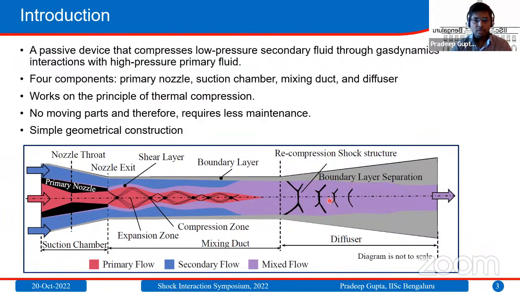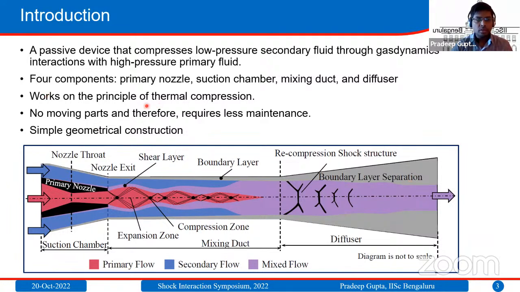Here, these shock trains mainly form because of the high back pressure at the end of the ejector, so we term them a recompression shock structure. The shock structure here results in a pressure rise and turns the supersonic flow into subsonic, and the subsonic flow further expands in the diffuser section for pressure recovery.